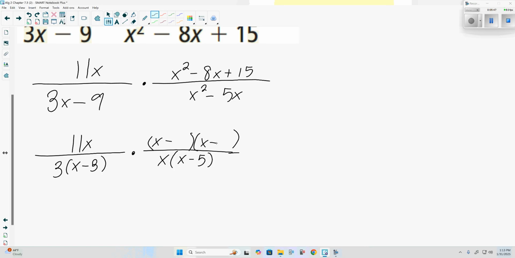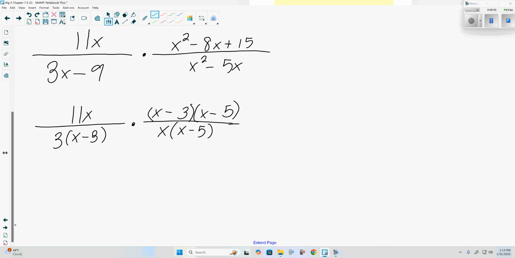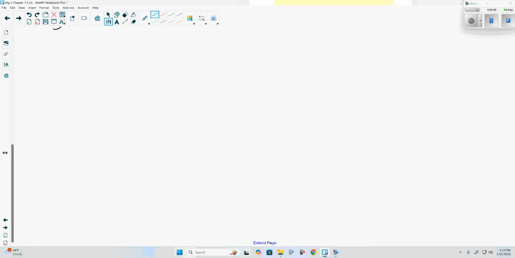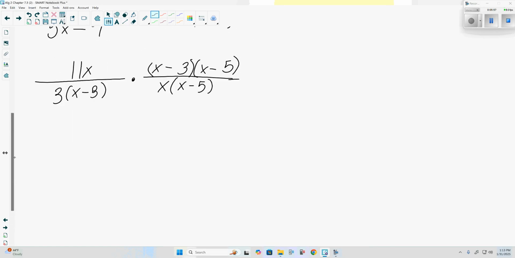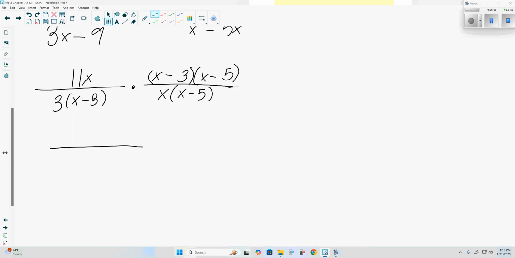Negative, to match the middle term, and yes, 3 and 5. It is helpful that the denominators, for the most part, tell us what those factors are going to be. It gives us a hint, because if something's going to factor, we need those top two to be either x minus 3 and x minus 5.